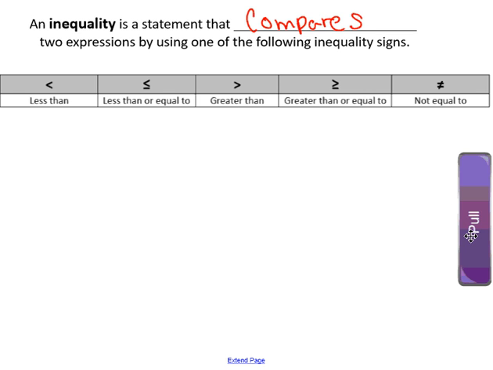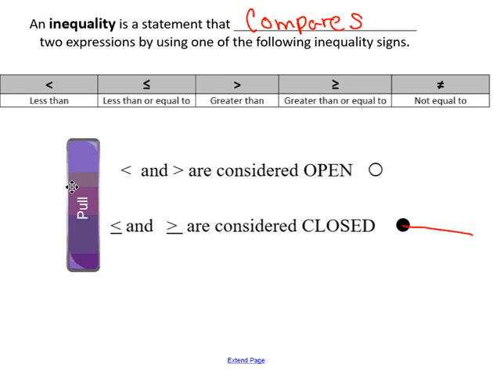Now this pull tab right here is a reminder from something that we've learned about in the past. When you have inequalities, we tend to graph them on number lines, and we'll do that today.